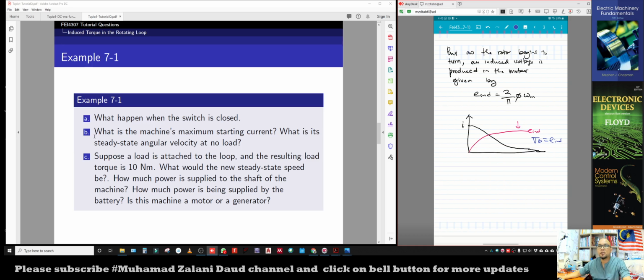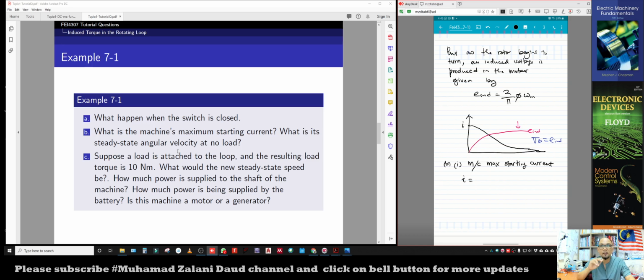Okay, now we go to question B. What is the machine's maximum starting current? And what is its steady state angular velocity at no load? For B1, the machine's maximum starting current: at the instant the switch is on, there will be no induced voltage.